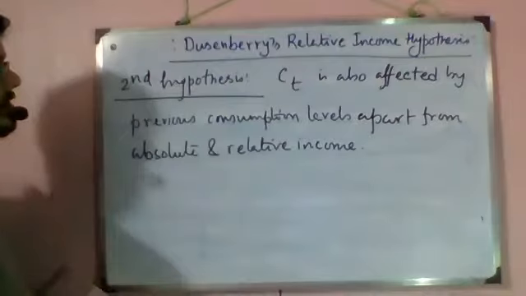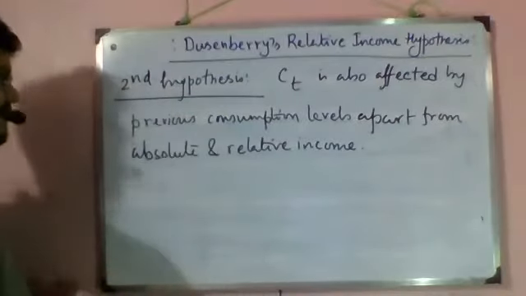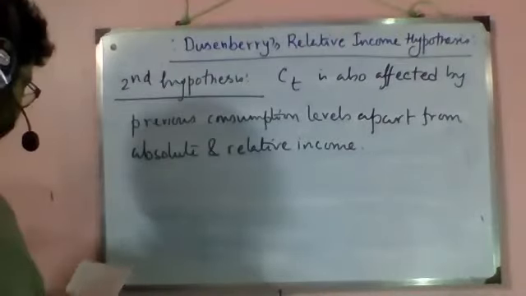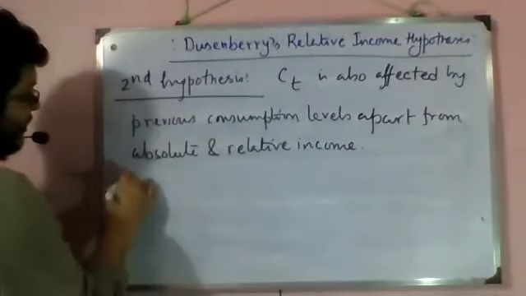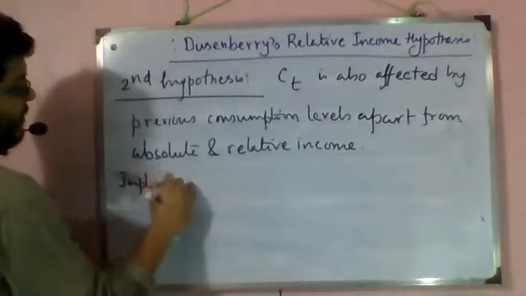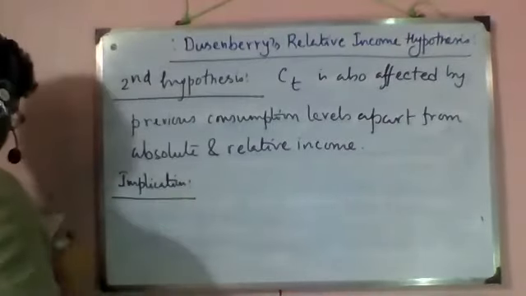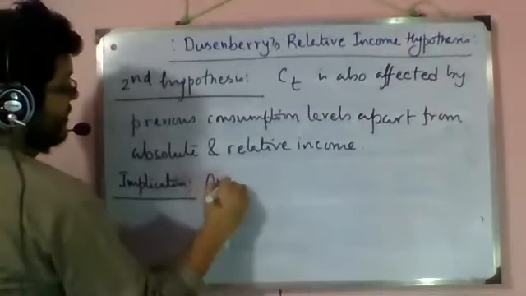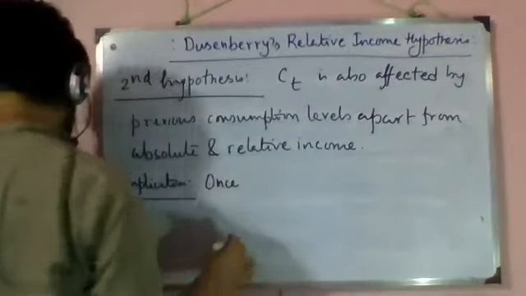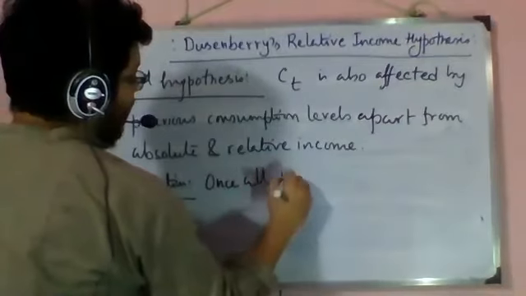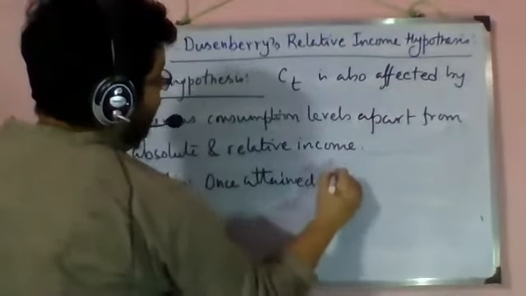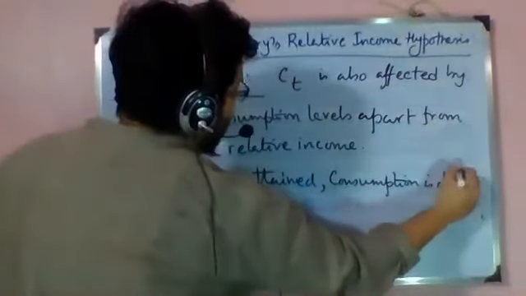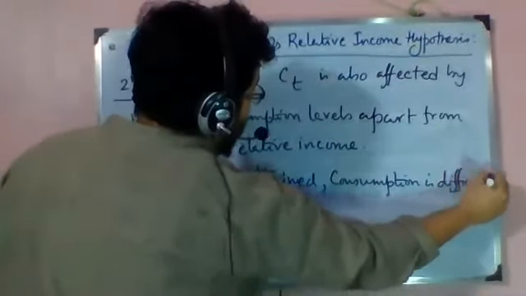So this is the hypothesis. CT is also affected by previous consumption levels apart from absolute and relative income. And what it implies is what I just said. Implication is, once attained, consumption is difficult to reduce.